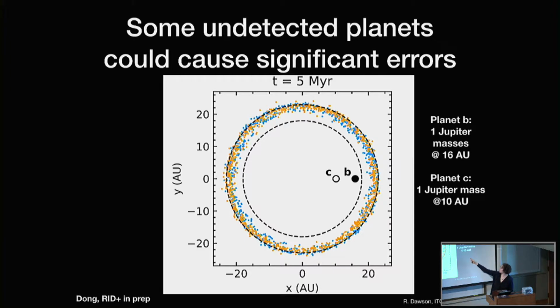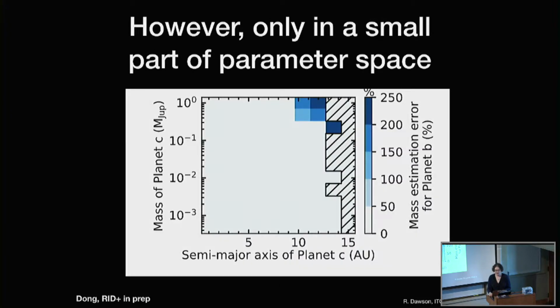It's in orange, you can compare to the blue, and in this case, the detected planet B is only 1 Jupiter mass, and there's this undetected 1 Jupiter mass planet C that's closer in, maybe inside the inner working angle where it can't be detected. So if we were using this to infer properties of planet B, we'd be off by a factor of 3 in its mass. Fortunately, DJ has found that this problem only afflicts sort of a small part of parameter space.